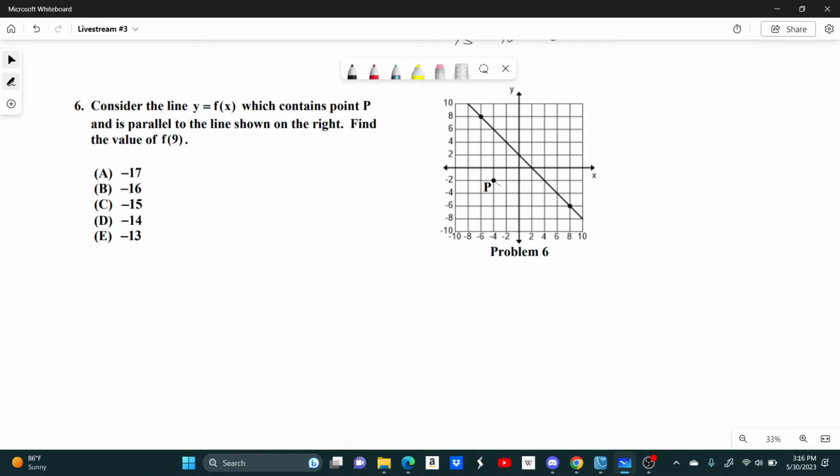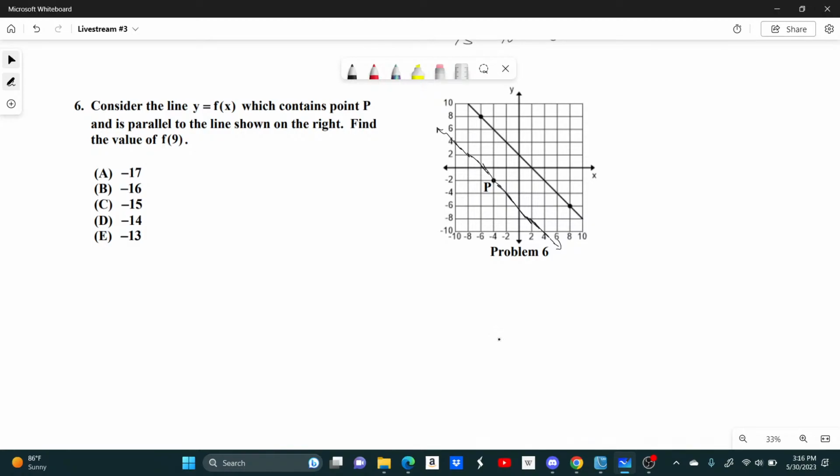So it's going to look something like this. I'm not very good at drawing on this computer, but you get the idea. Anyway, we're just trying to find f of 9. So what's the value of this at x equals 9?